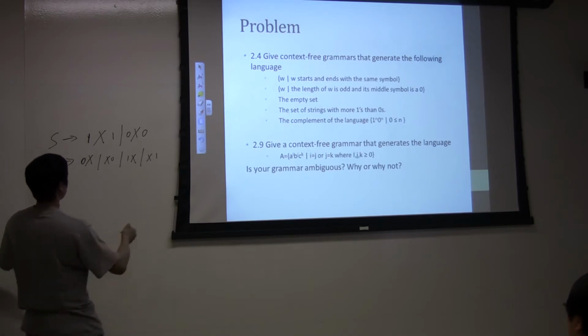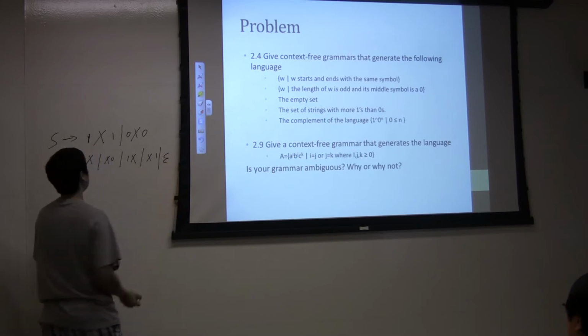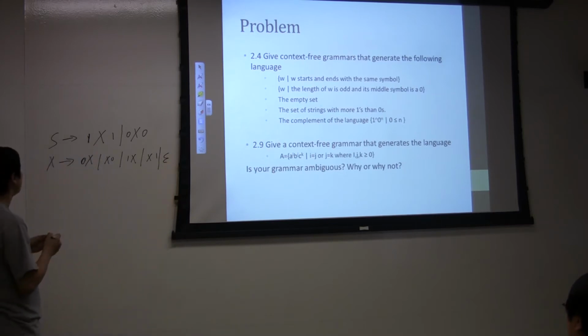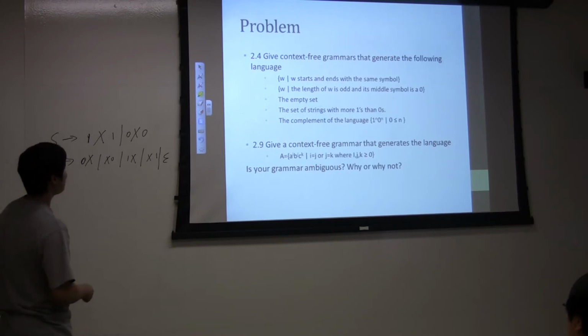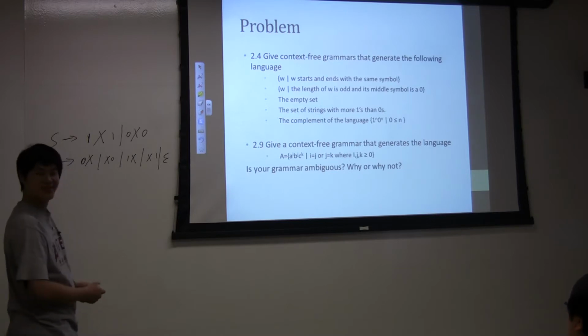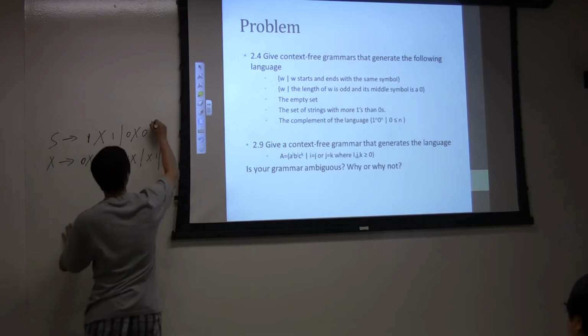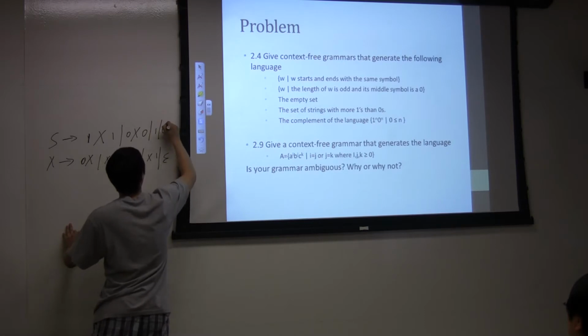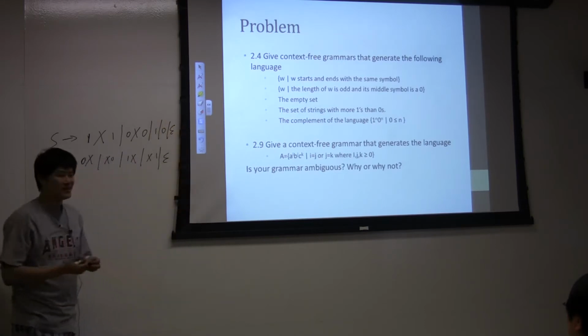Oh, sorry, it can be the empty string, yes. What about a string like 1 or the string 0? Just one symbol. That's a good one. Sorry. You guys are right. Special cases.